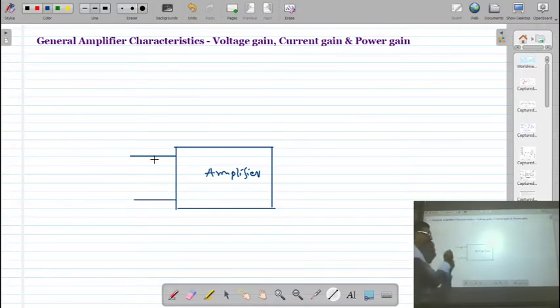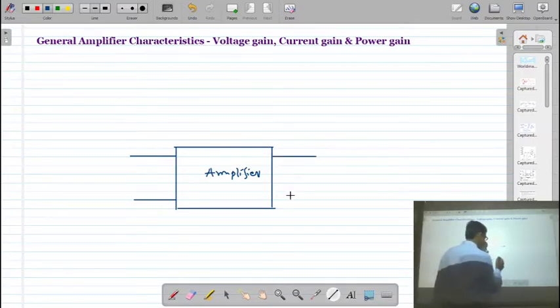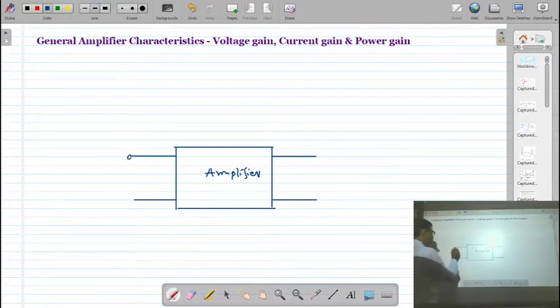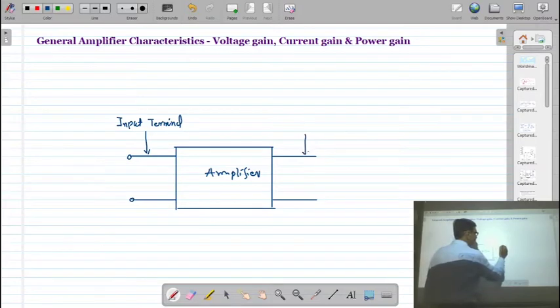So these are the two lines which indicate the input terminal of the amplifier, and it has an output terminal. So here we call this the input terminal of the amplifier, and this is known as the output terminal of the amplifier.